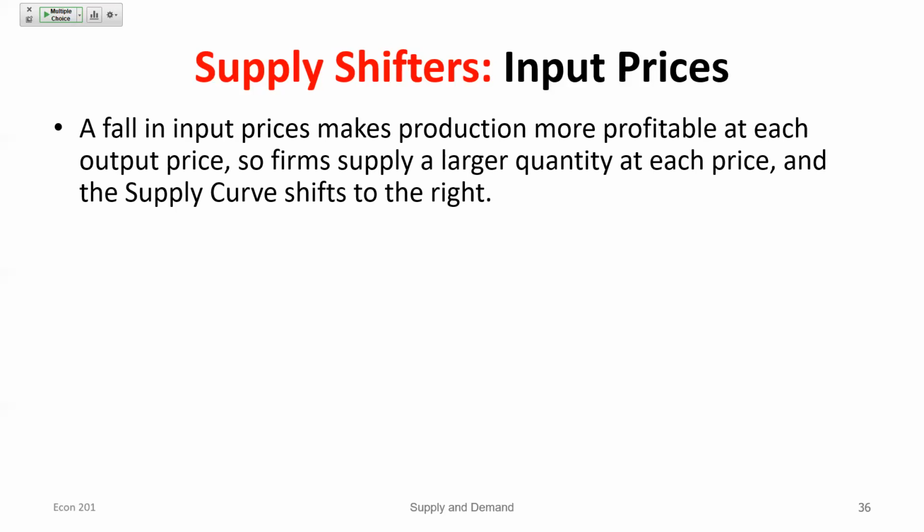And then the exact opposite holds, right? If input prices become more expensive, let's say labor, this is probably the more realistic one. Let's say I'm producing some good, and all of a sudden minimum wage increases. I was paying my workers minimum wage before, and the government comes in and increases it to $15 an hour.